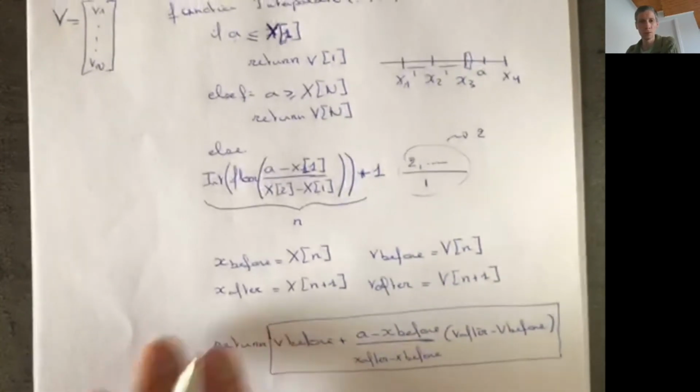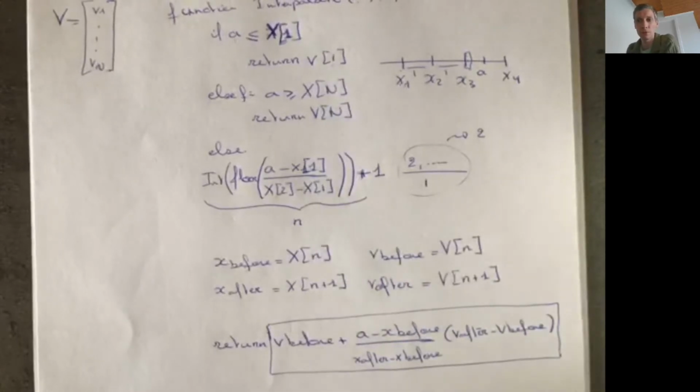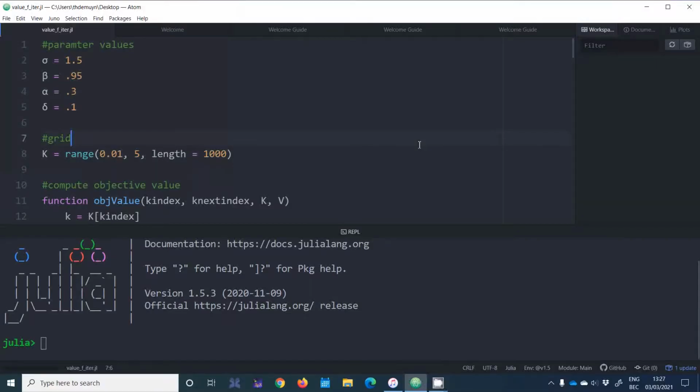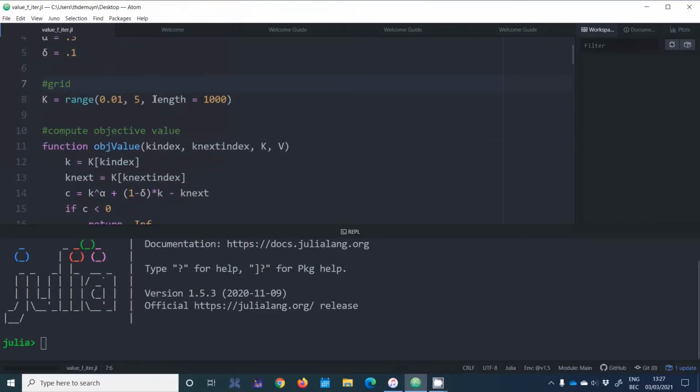Okay, so let's try to implement this in our program. Here I have my code again, which I added some comments to make it more clear what's going on. This is the same code as we made in the previous lecture. The first thing we need to do is make two grids: one of smaller size, and then a dense grid on which we're going to optimize.